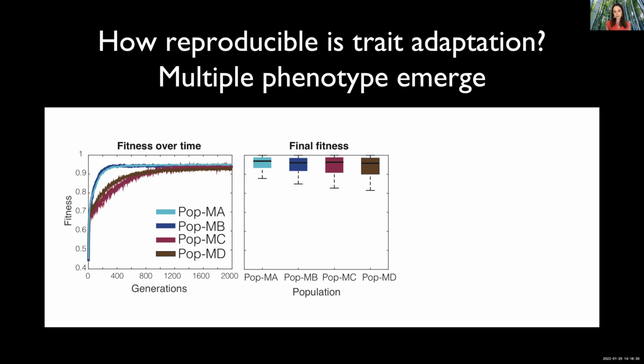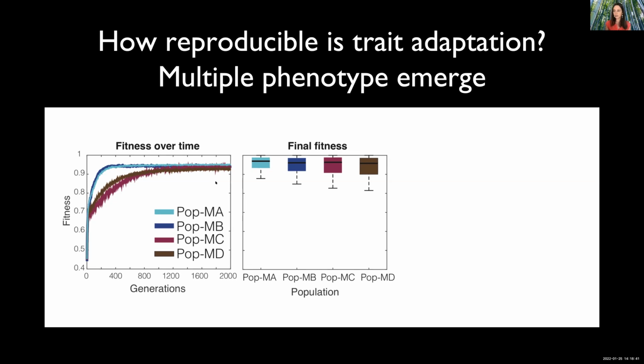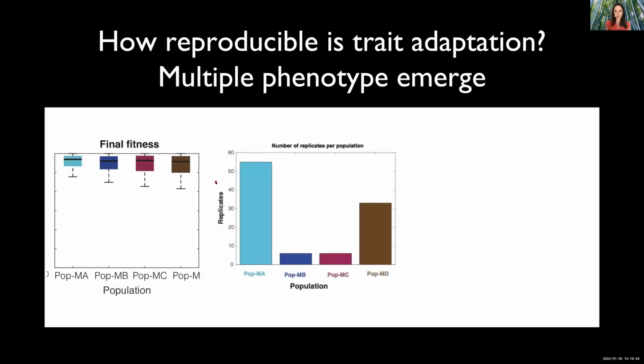What we see is that the model repeatedly found 4 different solutions, or 4 different phenotypes, when we ran the model multiple times, but not each phenotype was similarly accessible. This first phenotype, it found a bit over half the time, whereas these other 2 populations, it barely found at all. And then this 4th population was found an intermediate amount of the time, in terms of the number of simulations.